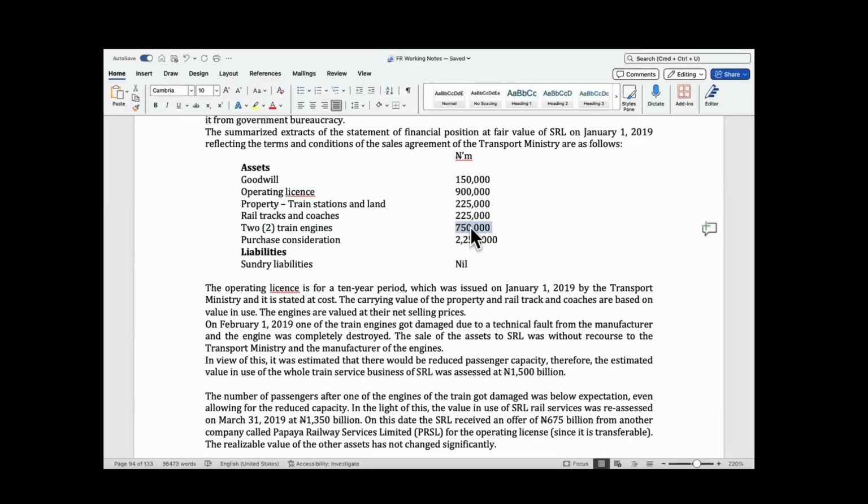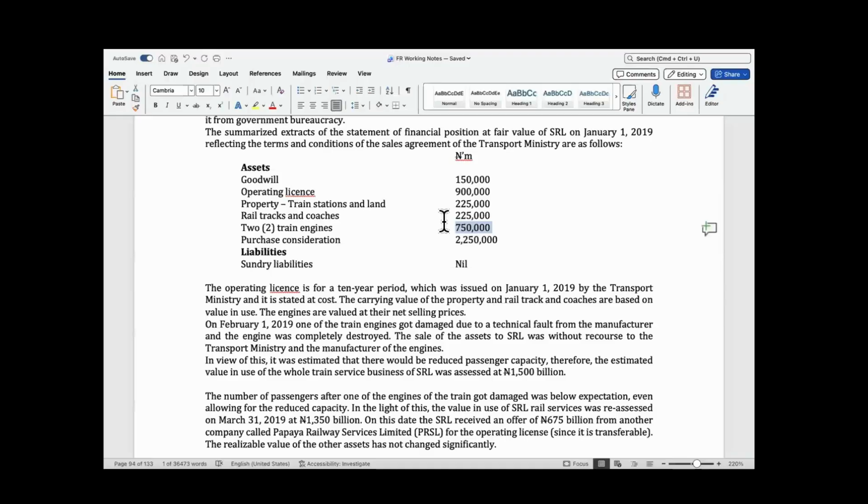If you see that in an exam, I will immediately know that if I have to impair these assets as a CGU together, I cannot impair this train engine below this 750. I cannot impair it any further because it's already reflecting its recoverable amount. That's the net realizable value.